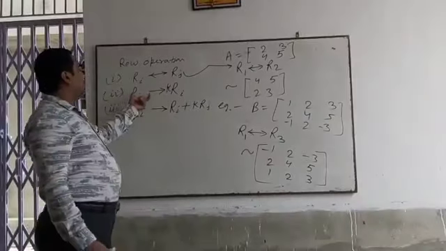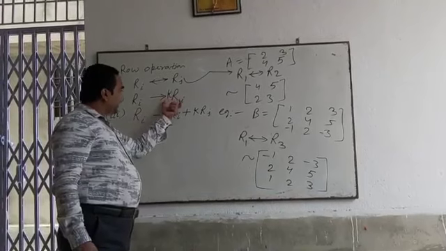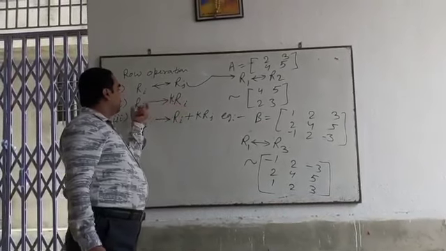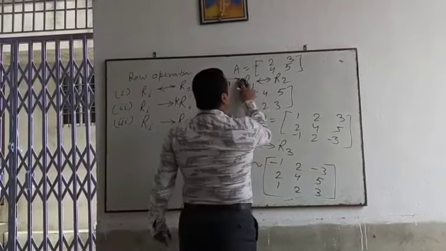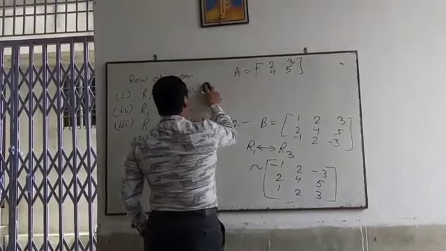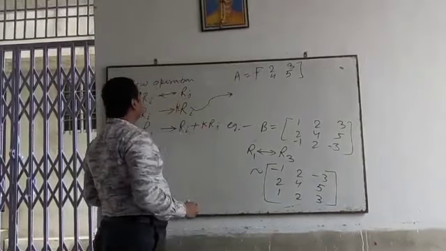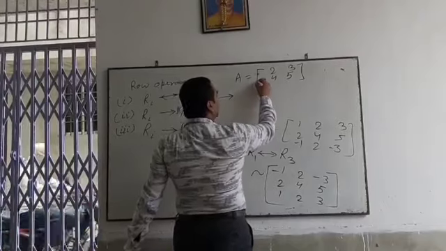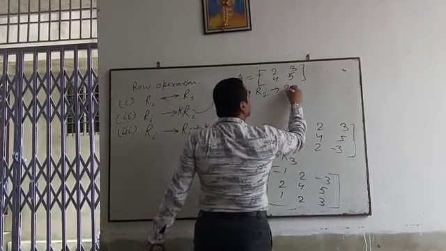Now come to the second operation here. Ri, we are going to multiply any constant, any scalar, with that row and keep it in that row only. Okay, let's start with this example first. Now I am going to use the operation R2 becomes 3 into R2.